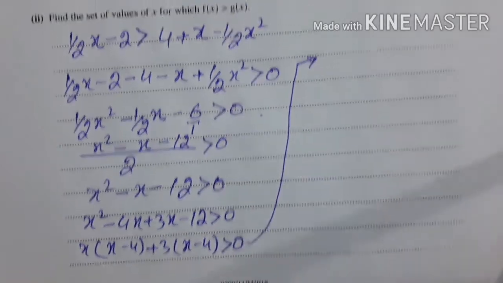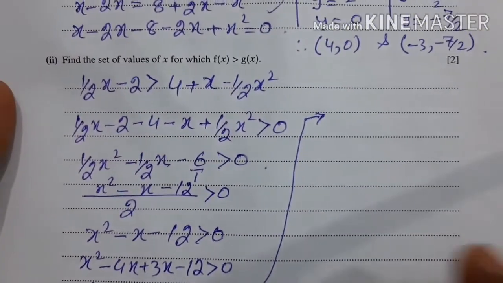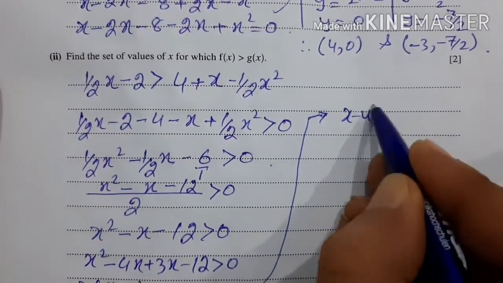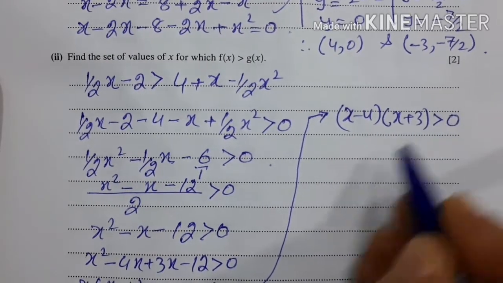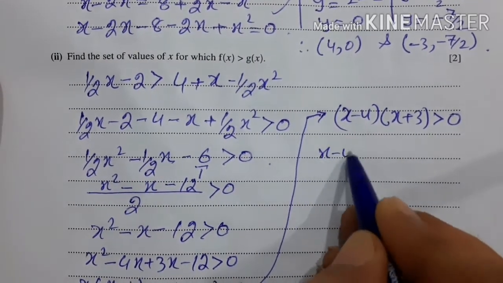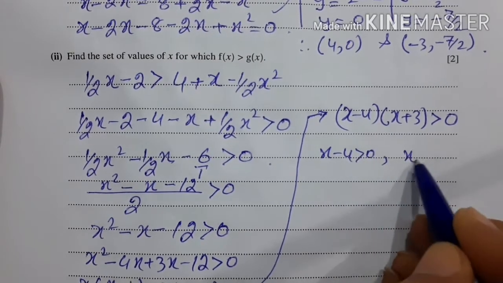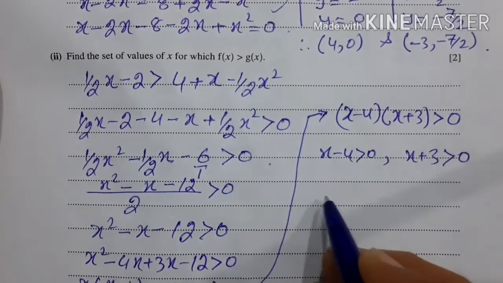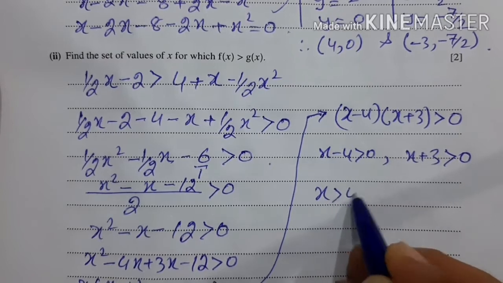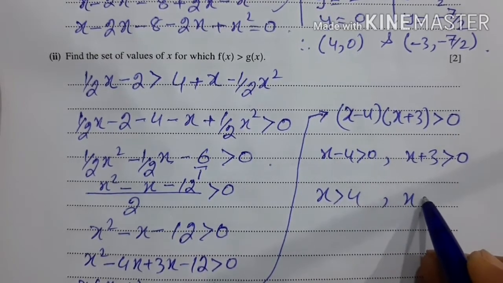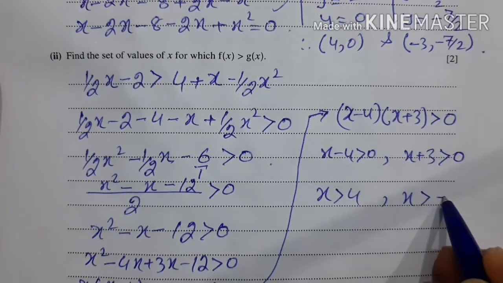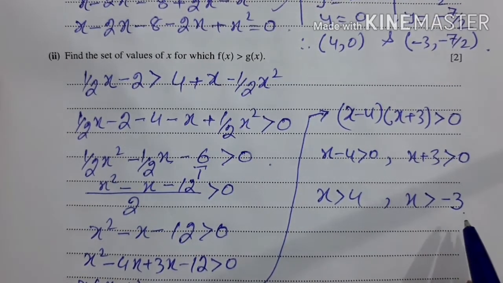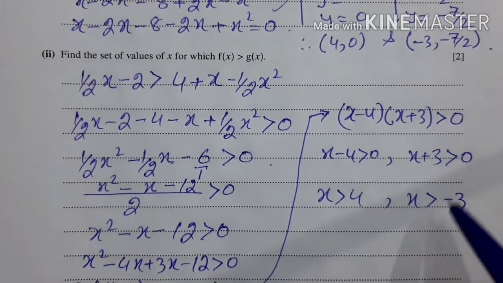Take x minus 4 common, it will become (x minus 4)(x plus 3) is greater than 0. So it will be x minus 4 greater than 0, x plus 3 greater than 0. So x is greater than 4, x is greater than minus 3.